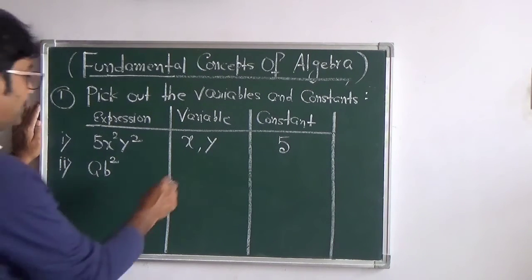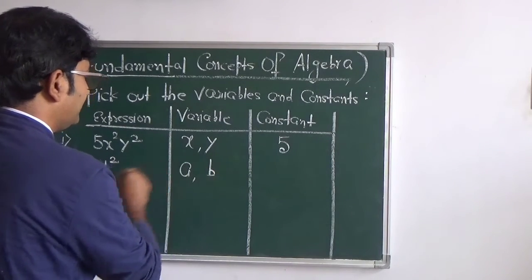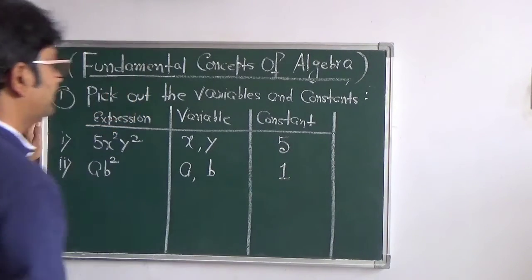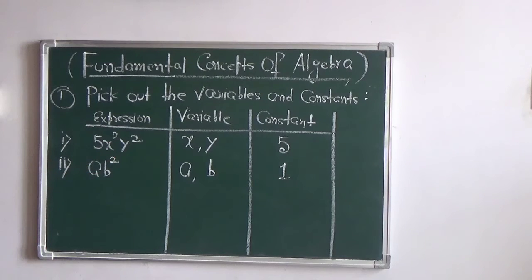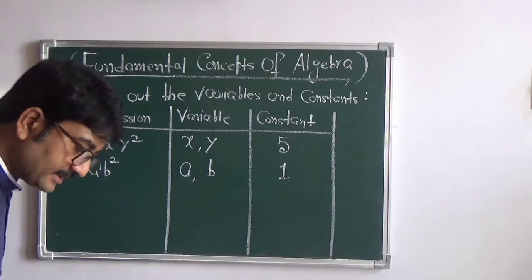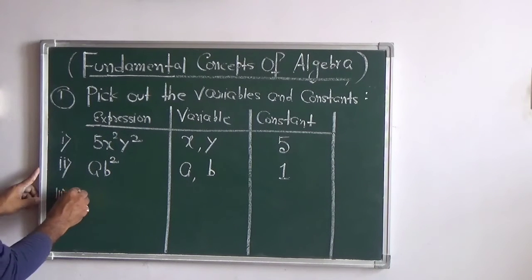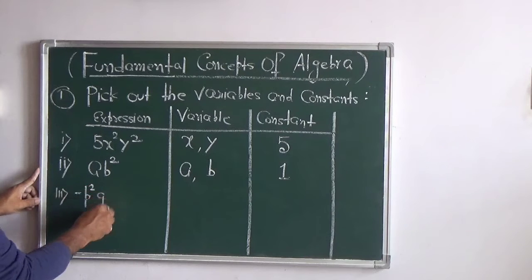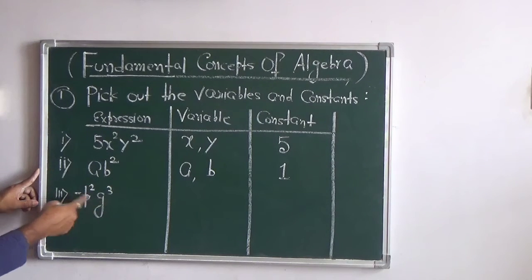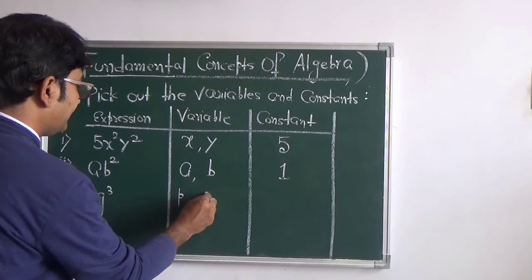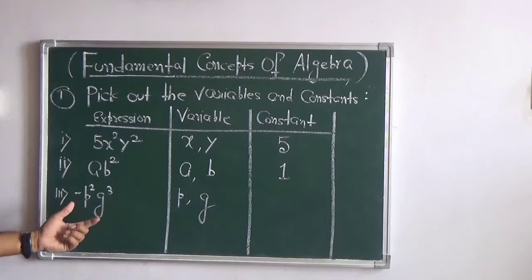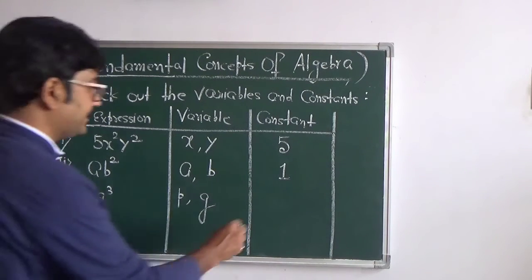The variables are a and b and the constant is 1, because nothing is appearing means 1 is there. Next we can take minus p square q cube. The variables are obviously p and q, and this has one constant term, that is minus 1.